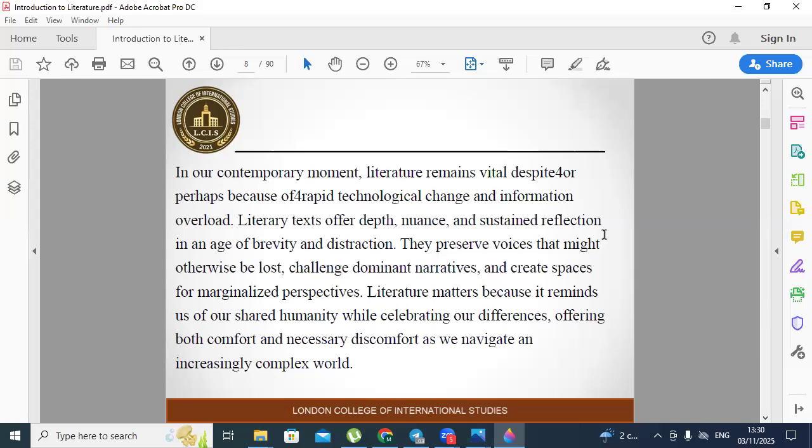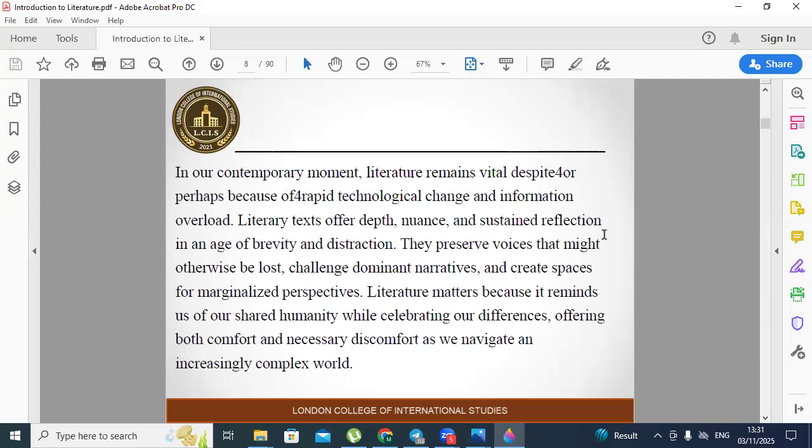Literature creates a space for these voices. Literature challenges dominant narratives, questioning the stories society tells about itself, revealing contradictions and excluded perspectives. It allows readers to encounter viewpoints systematically excluded from mainstream media and discourse.